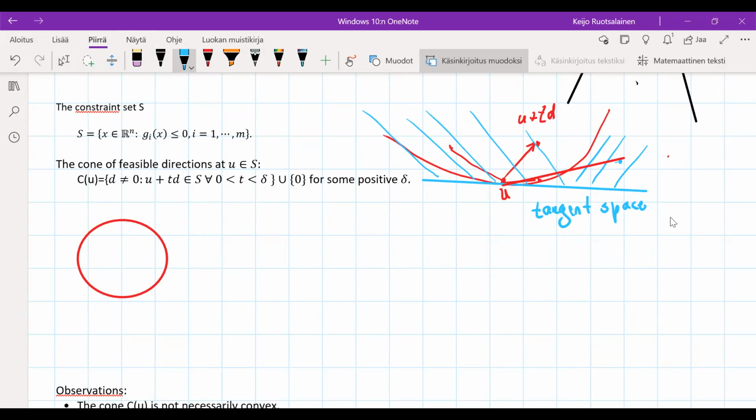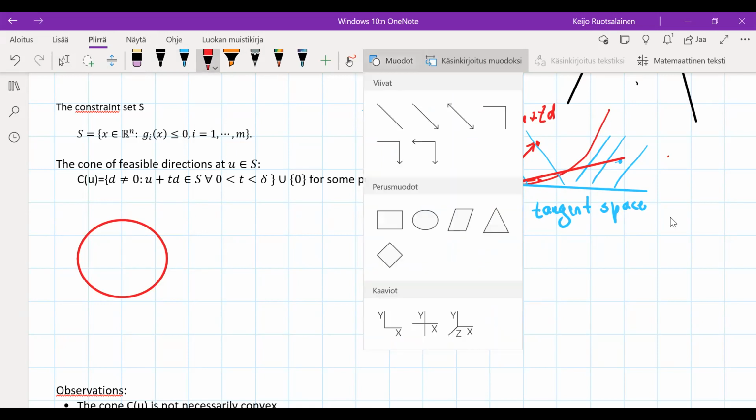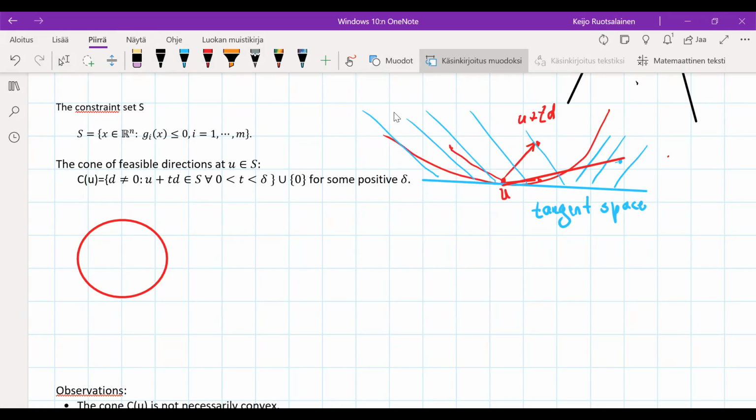So I have, for example, a convex disk, and then I intersect it with a line like this. So we have two constraints.